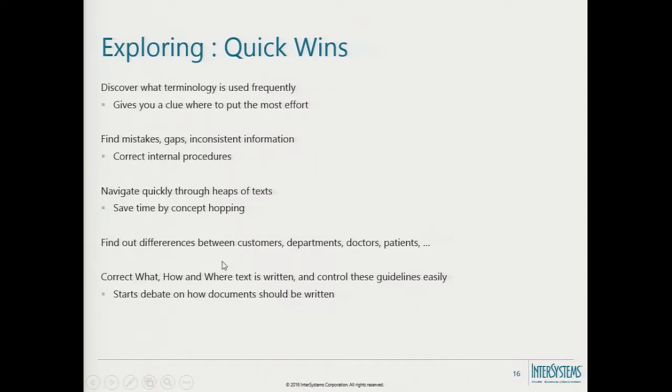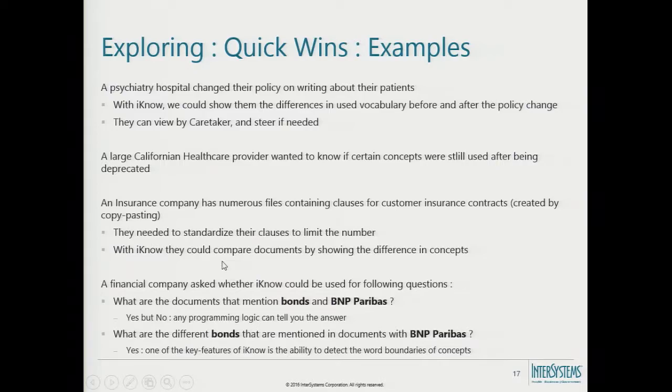Instead of going to this list, I just want to show you some real examples that I encountered. In fact, people where the goal was something completely different, and along the way they discovered wins that they didn't think about in the beginning. For example, I had a hospital and they wanted to predict things if we take all the text notes that are written about a patient.